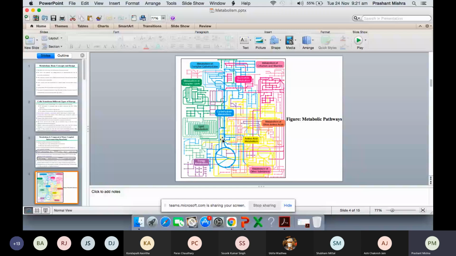So slowly you will learn that whether it is a carbohydrate, a fat, or a protein, all of them are metabolized and make a central molecule which enters the same simple pathway, and most of the energy is produced from that reaction. This is an interesting concept which is utilized from smaller microorganisms to higher organisms.